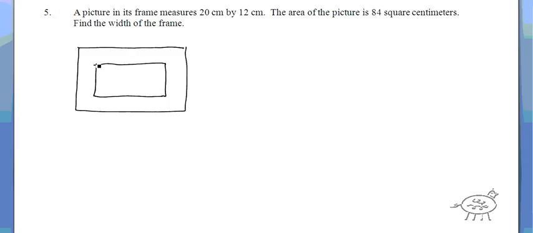So the picture in its frame, this is 20 by 12. That's the frame. The whole thing measures 20 by 12. The area of just the picture is 84 centimeters squared. Okay, so here's your picture.